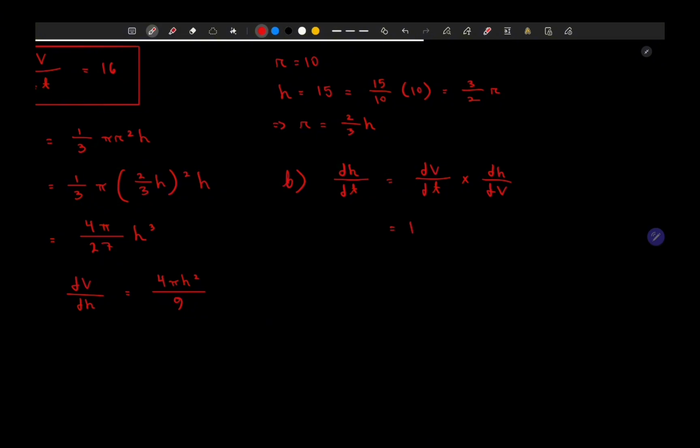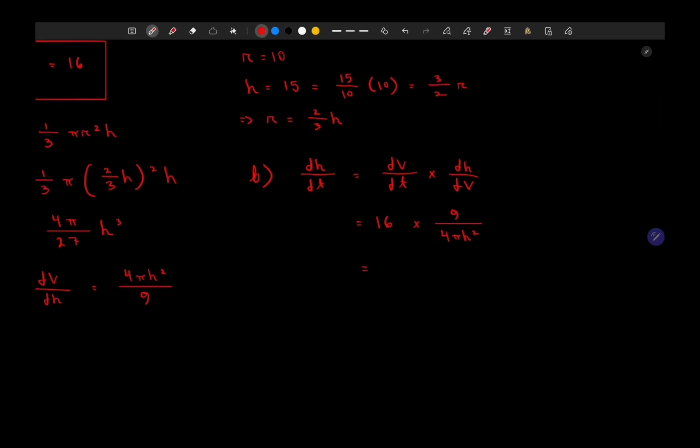Now dV over dt equals 16, and dH over dV will be the inverse of dV over dH, which is 9 divided by 4 pi h squared. So this equals 36 divided by pi h squared.